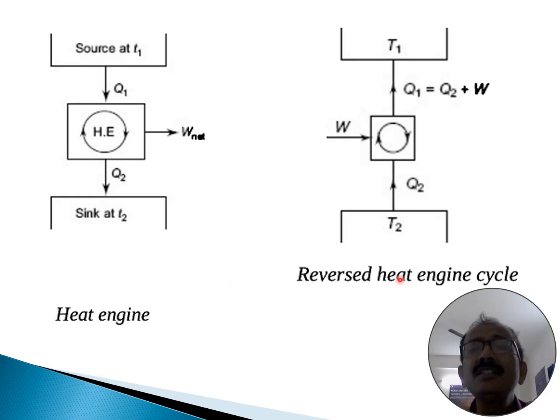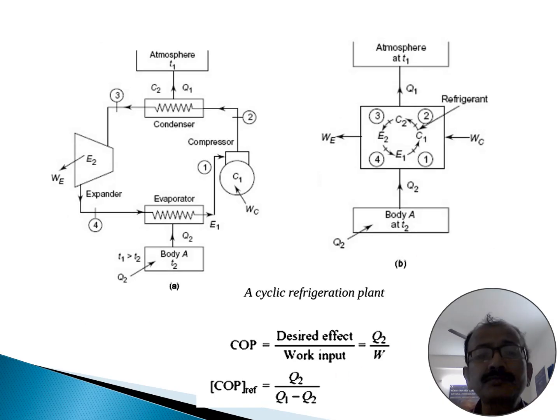In the reversed heat engine, heat comes from the lower temperature reservoir maintained at T2 and goes to the higher temperature reservoir maintained at temperature T1. In that case work is supplied to this device. So the refrigerator and heat pump work on the reversed heat engine cycle.